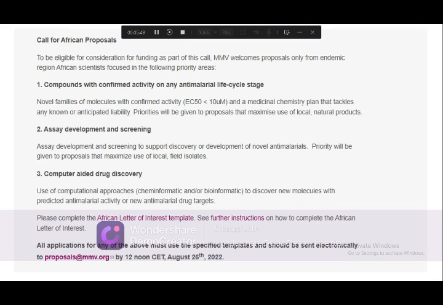See the third option there: computer aided drug discovery, use of computational approaches. You see in the bracket, chemoinformatic or bioinformatic, to discover new molecules with predicted anti-malaria activity or new anti-malaria drug targets. And they stay on up to August 26th.